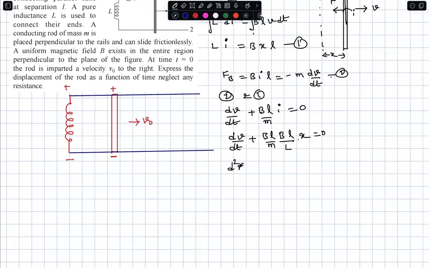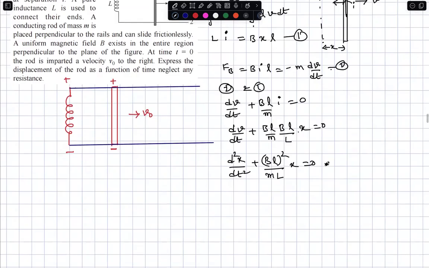Here, this is nothing but d square x by dt square plus B square L square by ML times x is equal to 0. It is SHM. This is the condition for a harmonic oscillator. Projecting from x is equal to 0, x is A sin omega t, where omega is under root B square L square by ML.